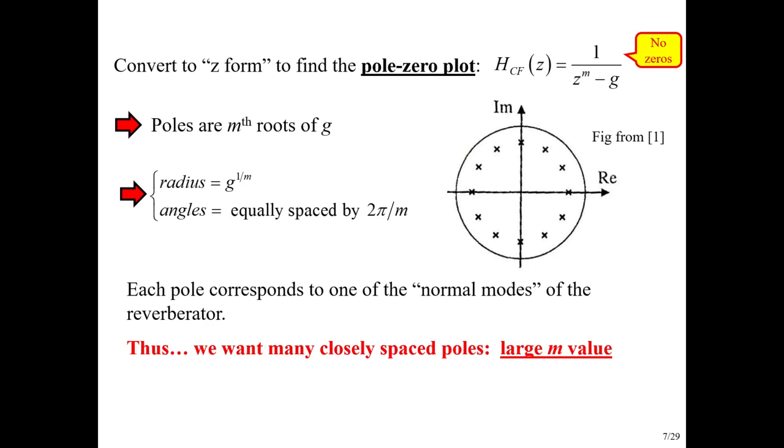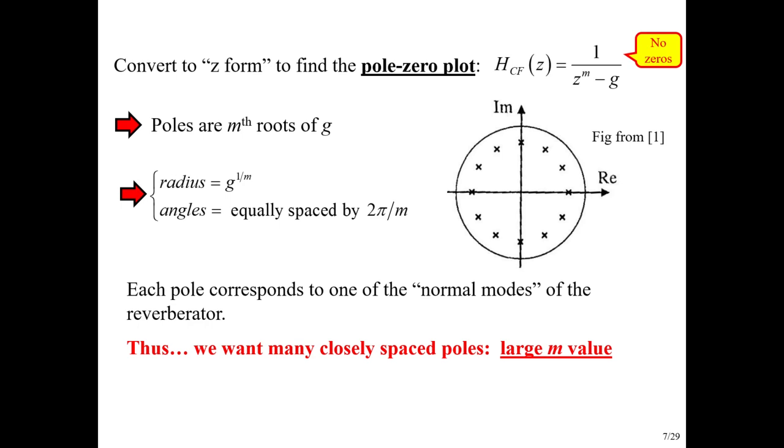So these are the normal modes of this reverberator. Remember, we talked about those modes as being the resonances of the room, so to speak. And so they'll be more pronounced as they're closer to the unit circle and less pronounced as they're farther from the unit circle. But we'll see how to set this radius to achieve specific reverb goals in just a little bit.